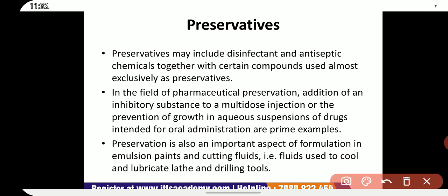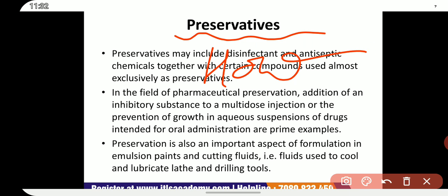Now come to the point, that is preservatives. We will discuss what preservatives are and how they work.